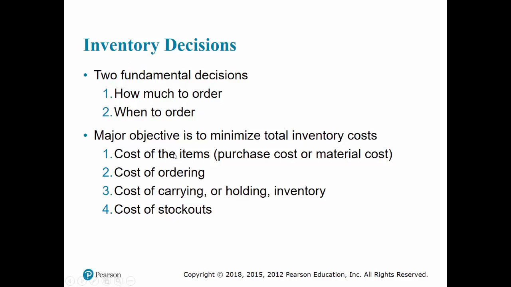If there is no quantity discount at all, then unit cost of the item is irrelevant. The ordered quantity does not determine the unit cost of the item. It's independent. So we can ignore considering this cost because it's not going to be affected by these decisions.